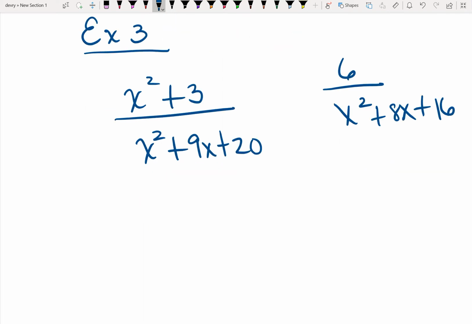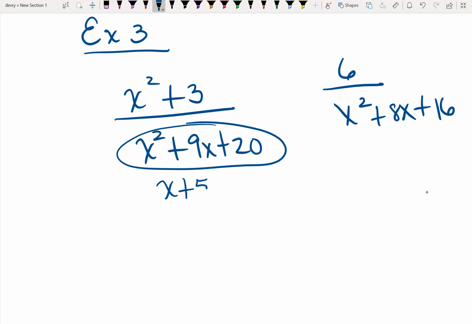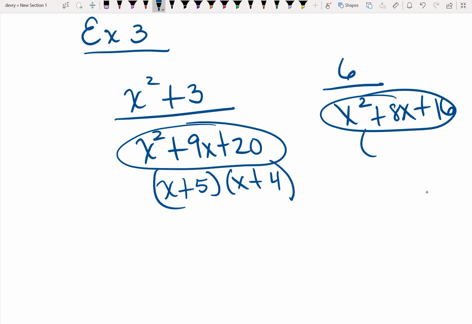The first thing you want to do is factor. I was already thinking this has to be x plus 5 times x plus 4 as two factors. And this has to be x plus 4 squared, which is x plus 4 times x plus 4.